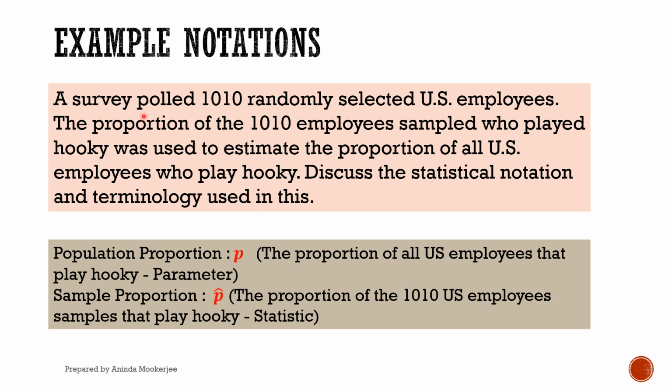It says here: a survey polled 1,010 randomly selected US employees. A proportion of the 1,010 employees sampled who played hooky was used to estimate the proportion of all US employees who play hooky. Discuss the statistical notation and terminology used in this.